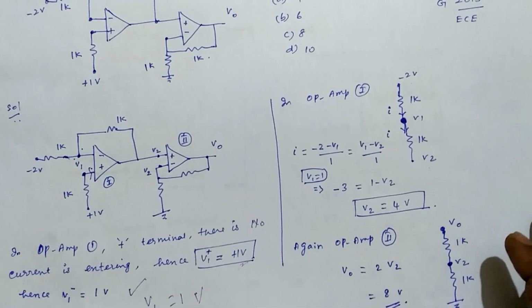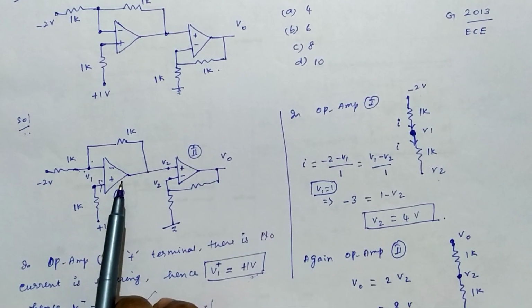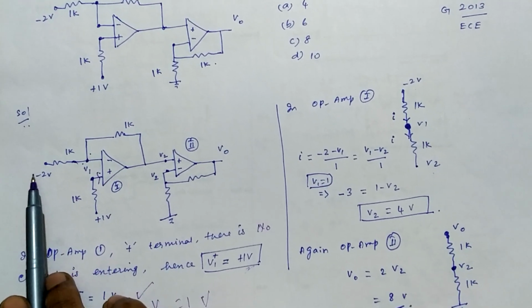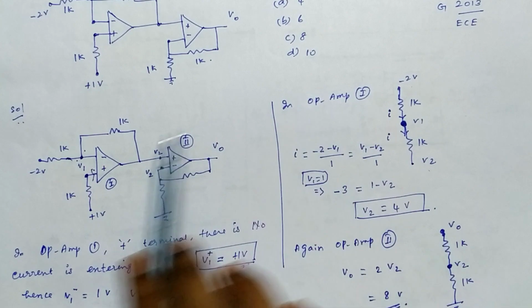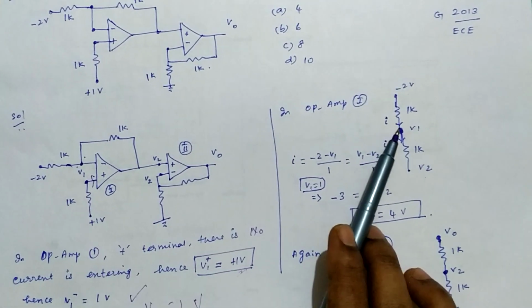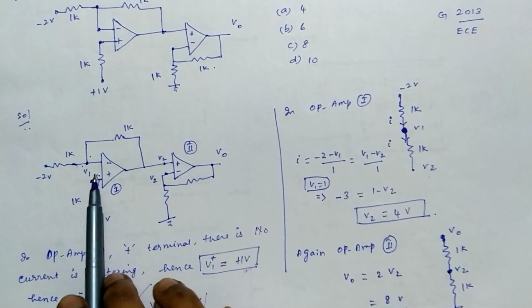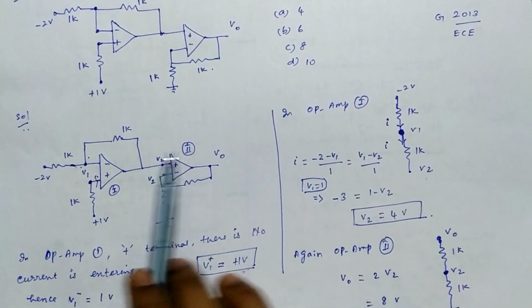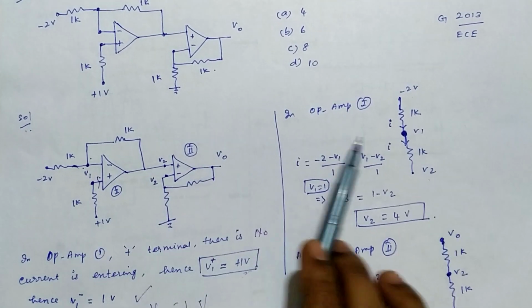Coming to the first op-amp input side, the -2 volt is followed by a 1k resistor, then V1, and the output of the first op-amp is V2. In between V1 and V2 we have a resistor.